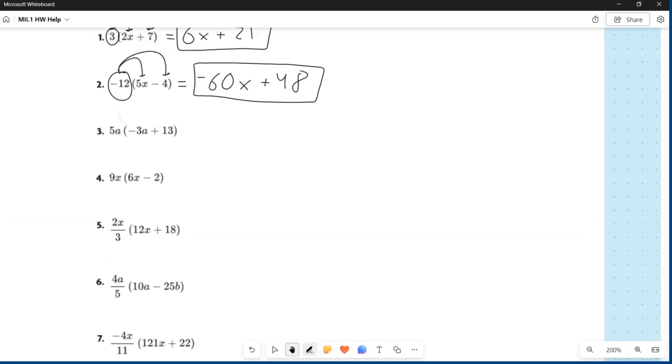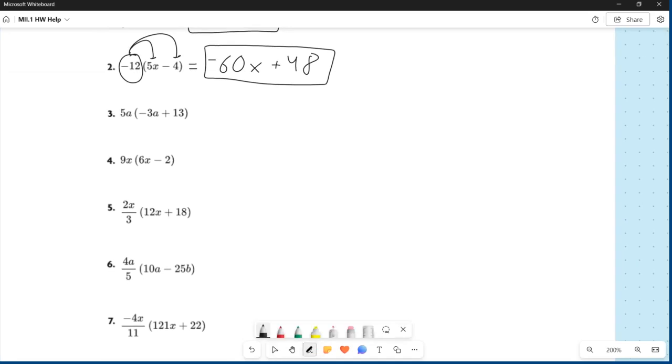For number 3, we are again going to distribute our monomial to both terms. This time our monomial has a variable in it, a, so we just want to make sure that we include that in our multiplication. So 5a times negative 3a is negative 15a squared.